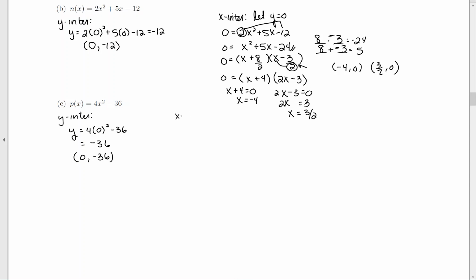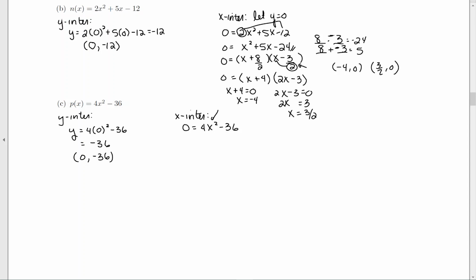For the x-intercept, I'm going to let y equal 0. So my p of x is the output, the y equals 0, and 0 equals 4x squared minus 36. My goal is to solve for x, and in this problem there's only one term that has an x in it.